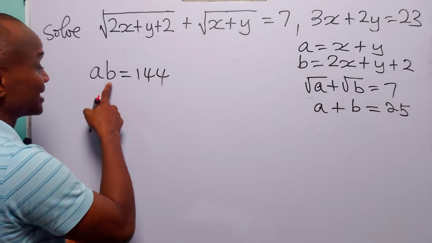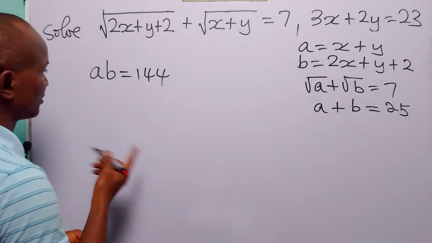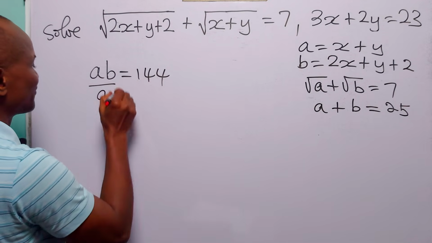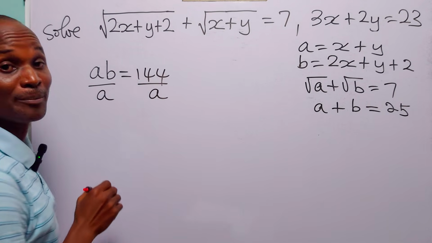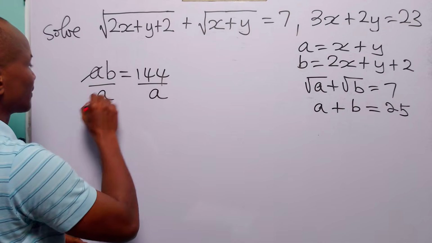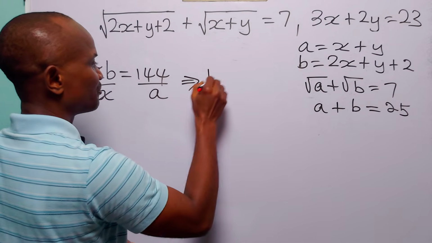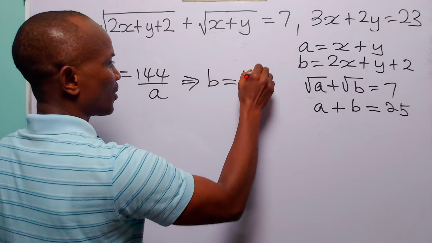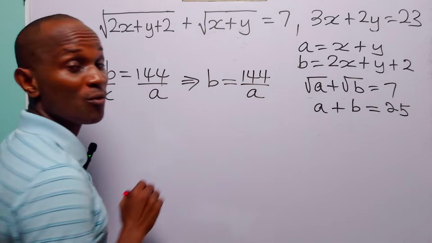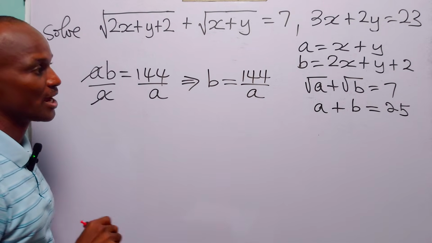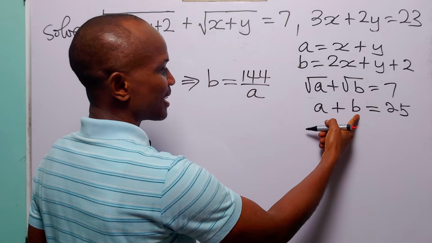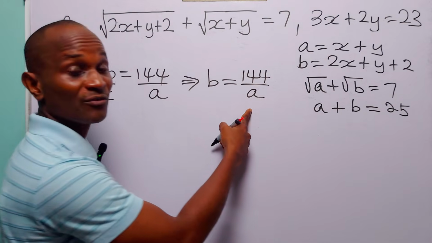Now let us make b the subject of this equation. Of course, to do that, we divide both sides of the equation by a. We have that b is equal to 144 over a.